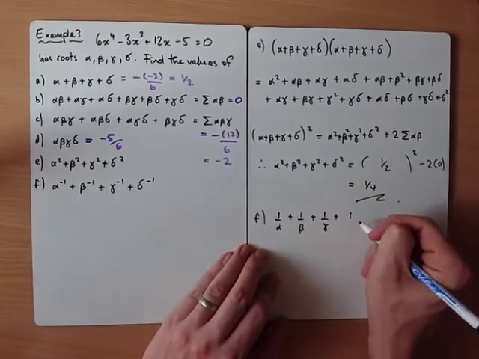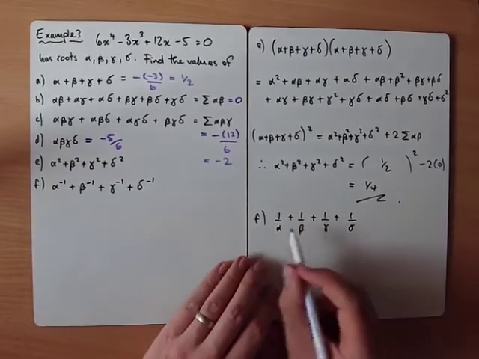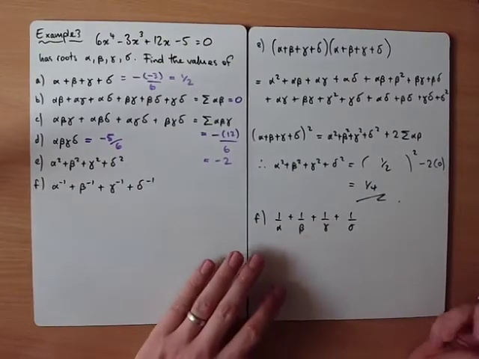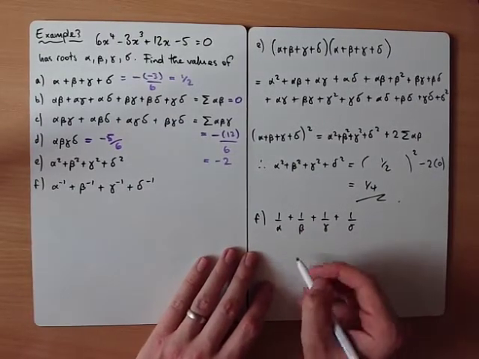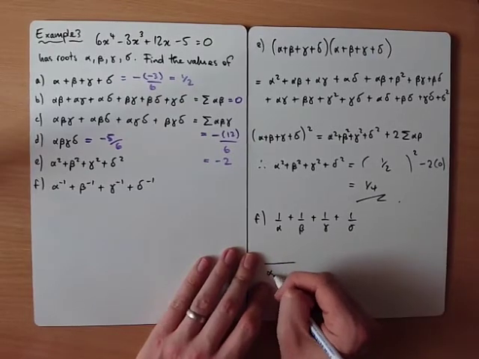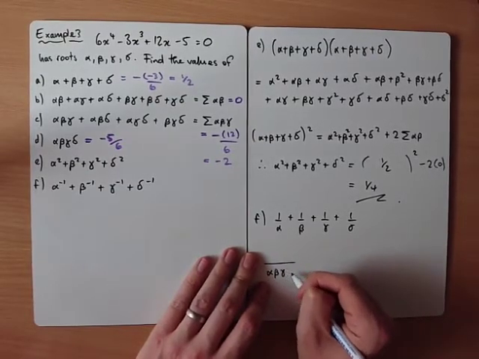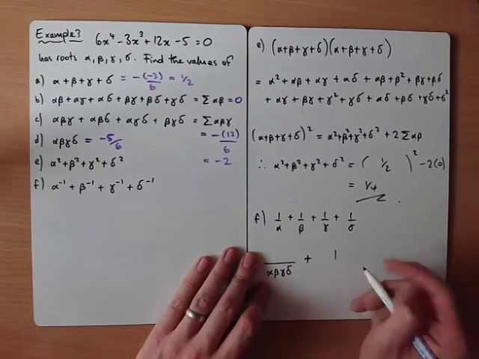Okay. And then finally for f, we've got 1 over alpha plus 1 over beta plus 1 over gamma plus 1 over delta. And if we're going to add these together, clearly we need a common denominator. Think about what's going to happen here. Each of these values are going to have to be in each of our denominators.